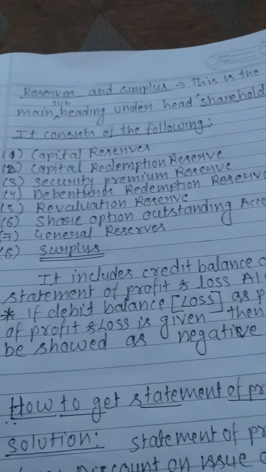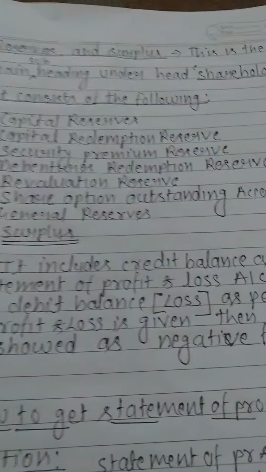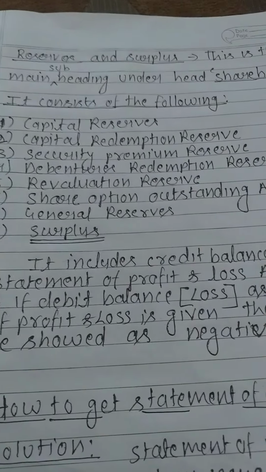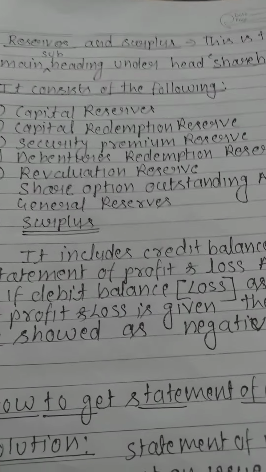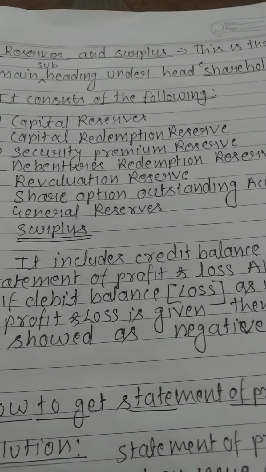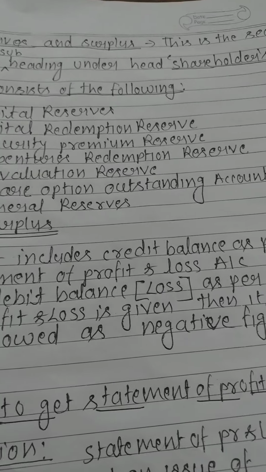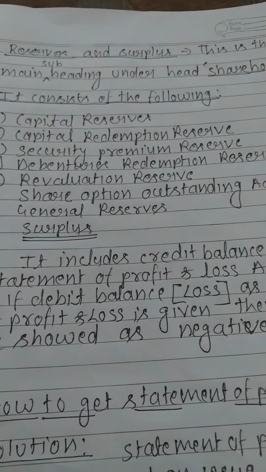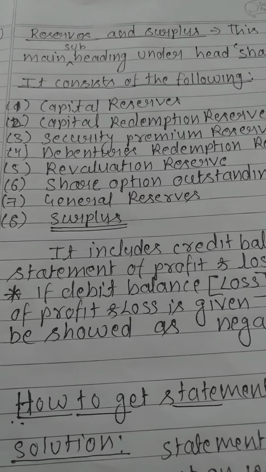So it is very easy to recognize. In most of the cases you will find that the word reserve is added, like capital reserve, capital redemption reserve. So reserve is added at last. So you are able to understand what are the different things that will come under reserve.